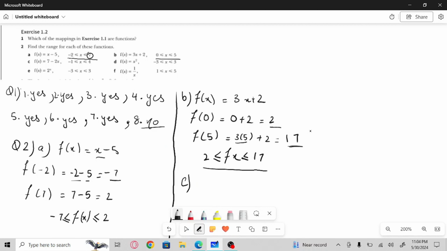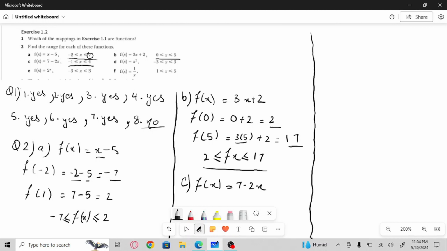And if we see here, we are given f(x) is equal to 7 minus 2x. And if we just draw a line here, like that, we are going to see that again the range of values we are given are -1 and 4.